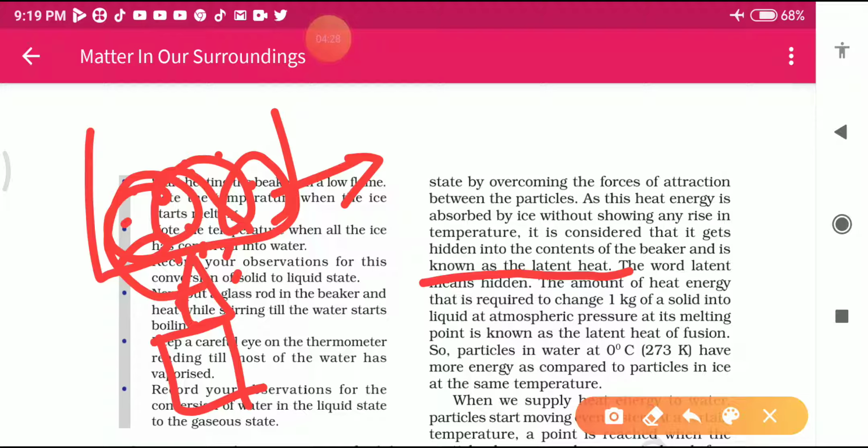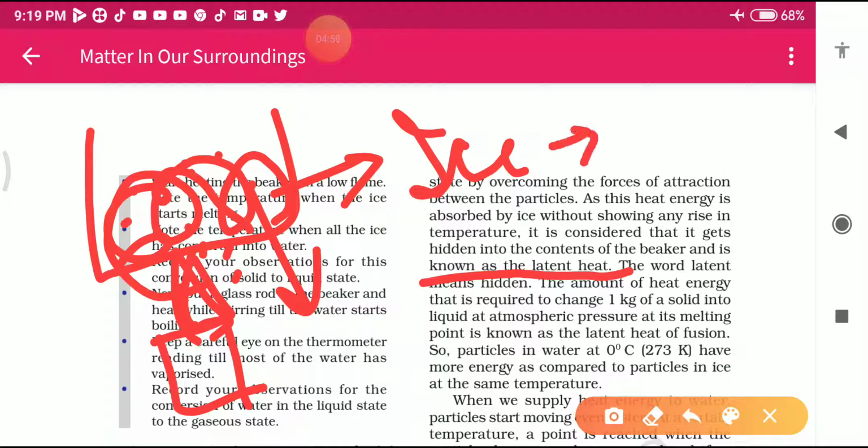The definition of latent heat: the heat energy which has to be supplied to change the state of a substance is called latent heat. Ice is in the solid form; when we apply heat, this ice is converted into liquid, due to latent heat only.